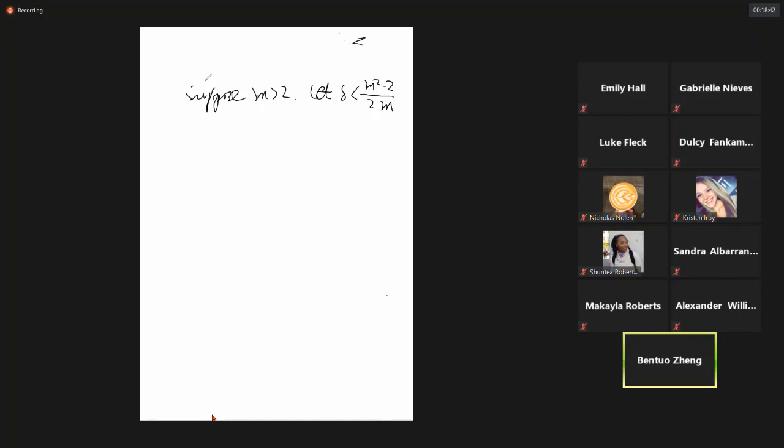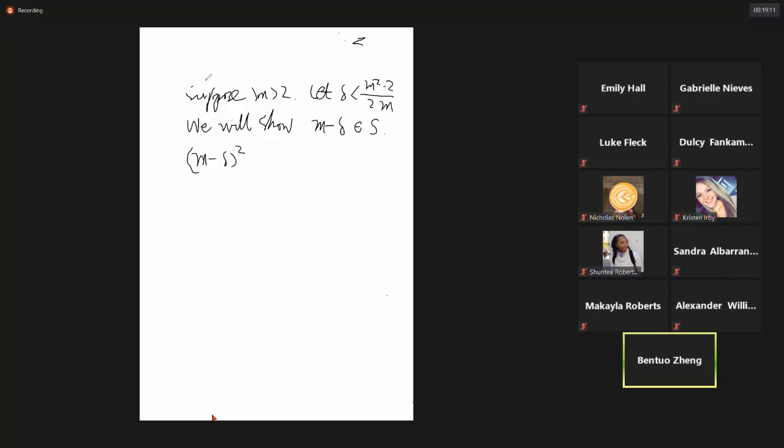Then we'll show M minus delta is in S. If M minus delta is in S, then M cannot be a lower bound for S, which is a contradiction.